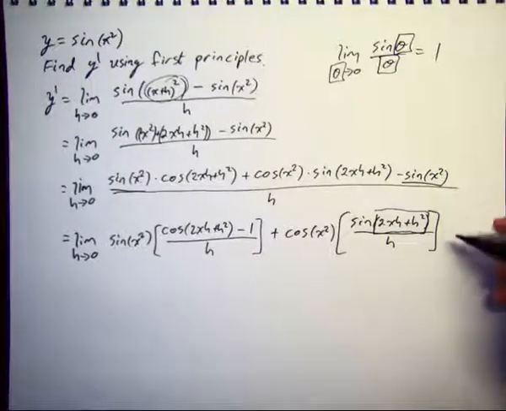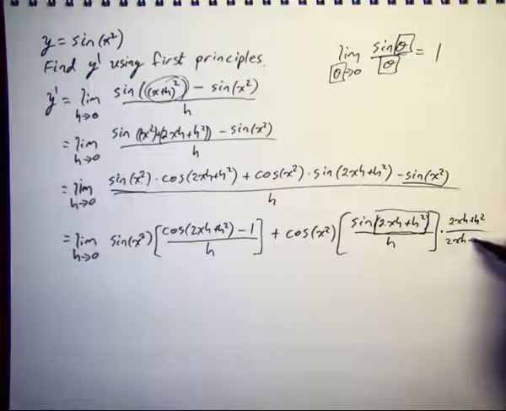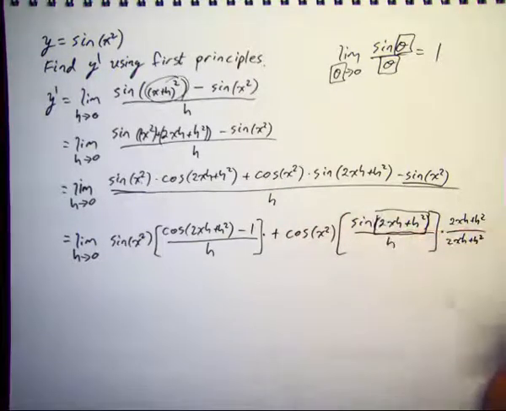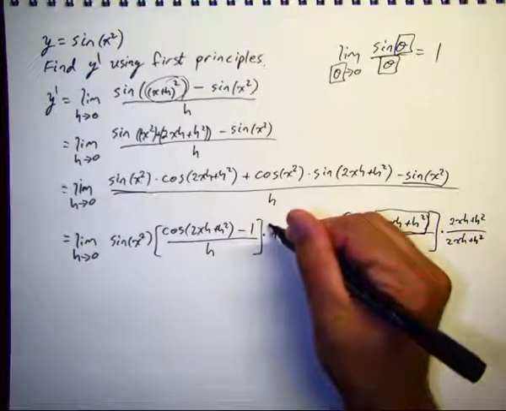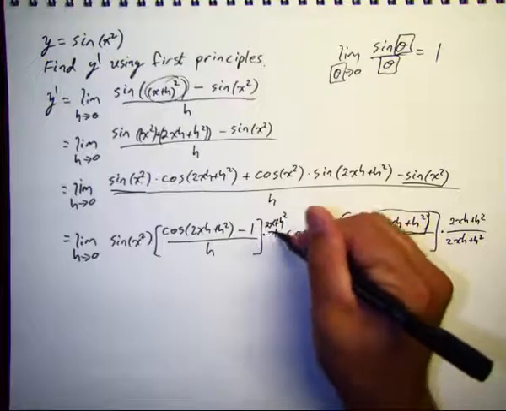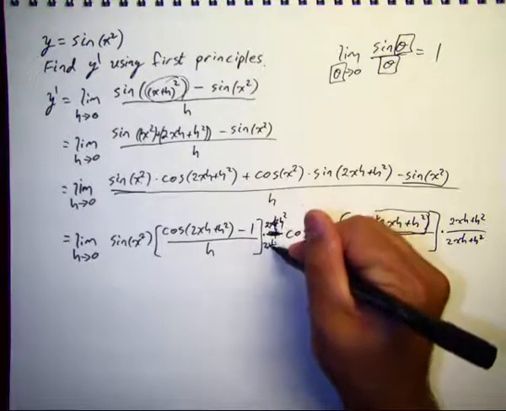So over here, multiply by 2xh plus h squared divided by itself. Over here, multiply by the same thing. We don't exactly have room for it, so we'll just try to cheat it out: 2x plus h, squared over 2xh plus h squared.